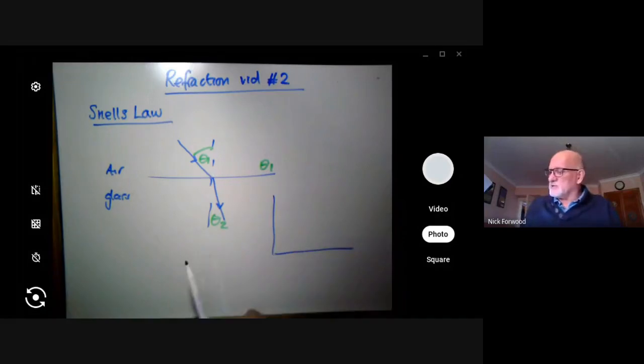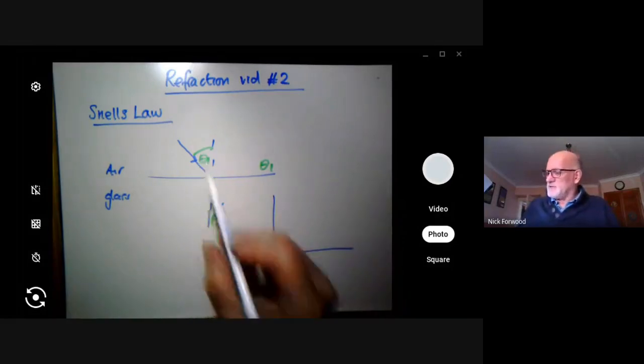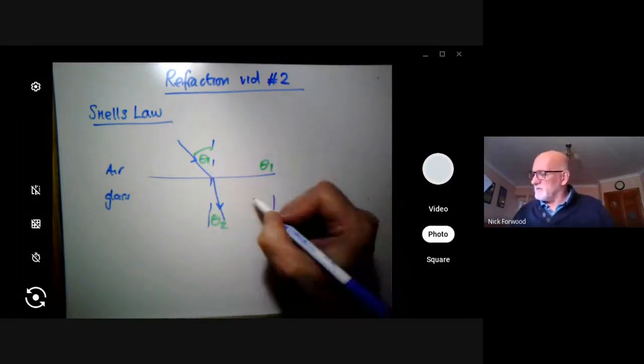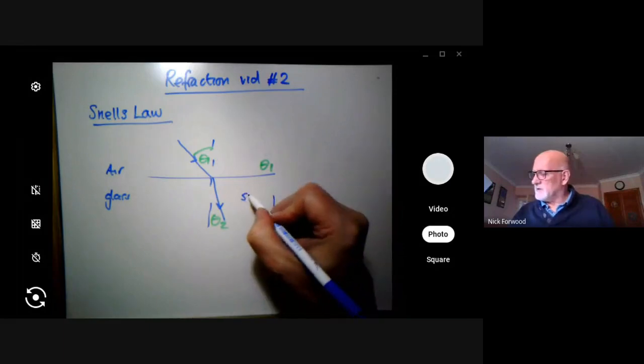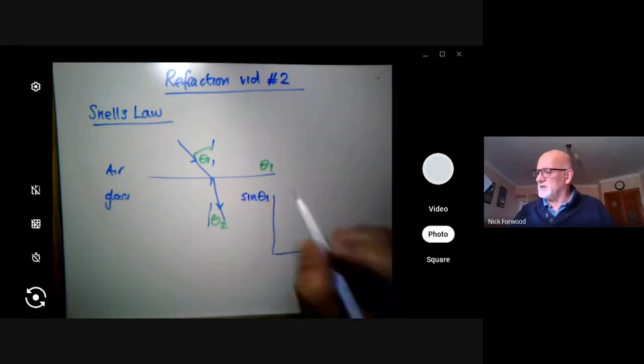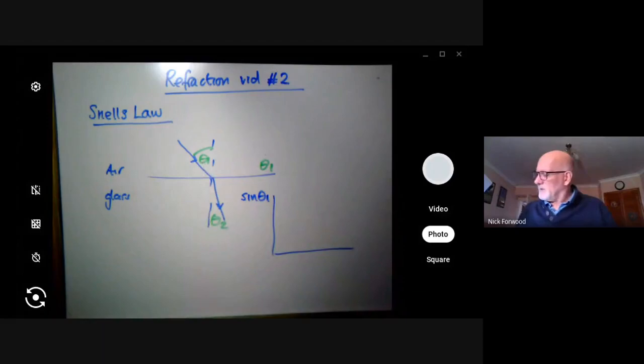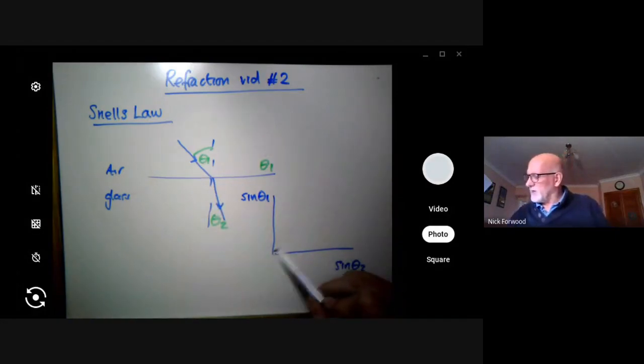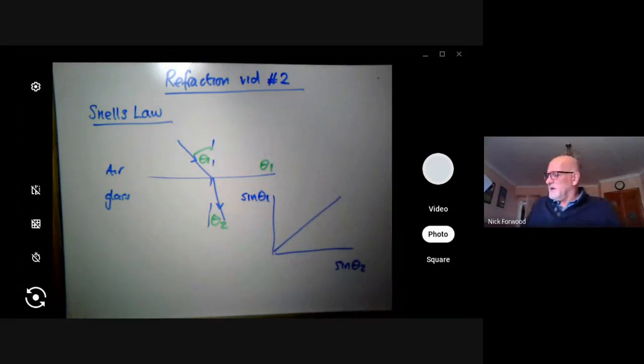I think it took him a long time to work out how to get a straight line graph, and he actually found that if you plotted the sine of this angle against the sine of this angle, if you plot sine θ1 against sine θ2, you actually do get a straight line, and therefore you have a relationship.